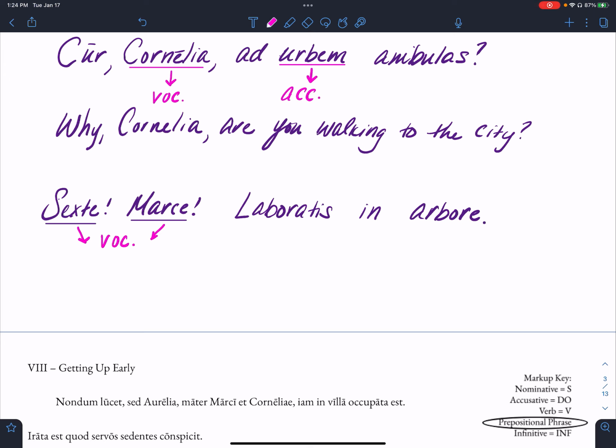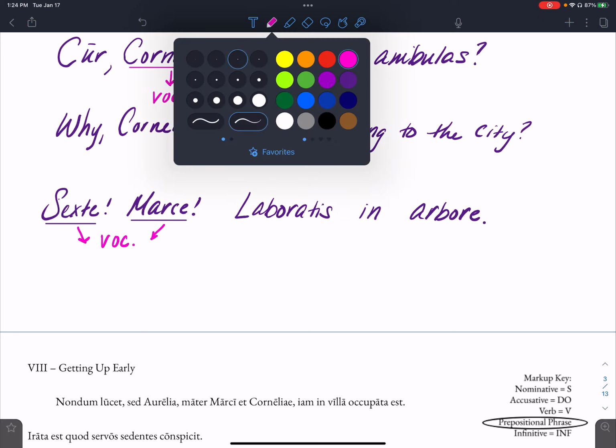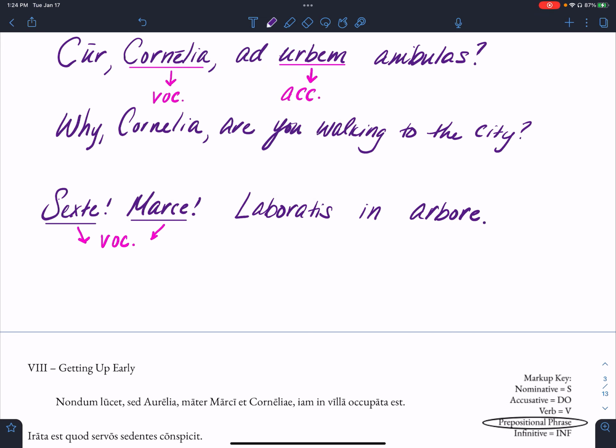Because ablative can sometimes show location as well, like ablative of place from which, or ablative of place where. But the locative is for when the ablative doesn't do that. Locatives are more idiomatic, and you don't see them terribly often. But don't worry, the locative is not something we're going to concern ourselves with just yet, or if at all, really.